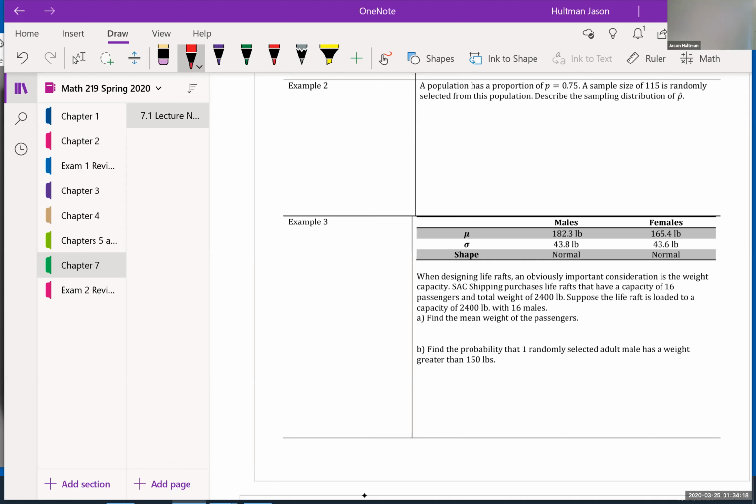Okay, so find the mean weight of the passengers. Well, the average weight of the passenger is going to be 2,400 divided by 16. Okay, that's X bar.